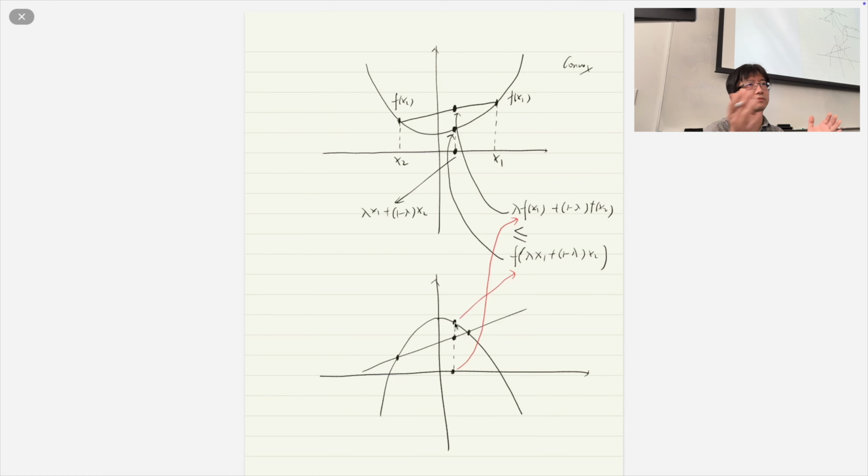So it's the reverse of convex. In this case, that is concave. Does that make sense? Is the definition of convex and concave clear?